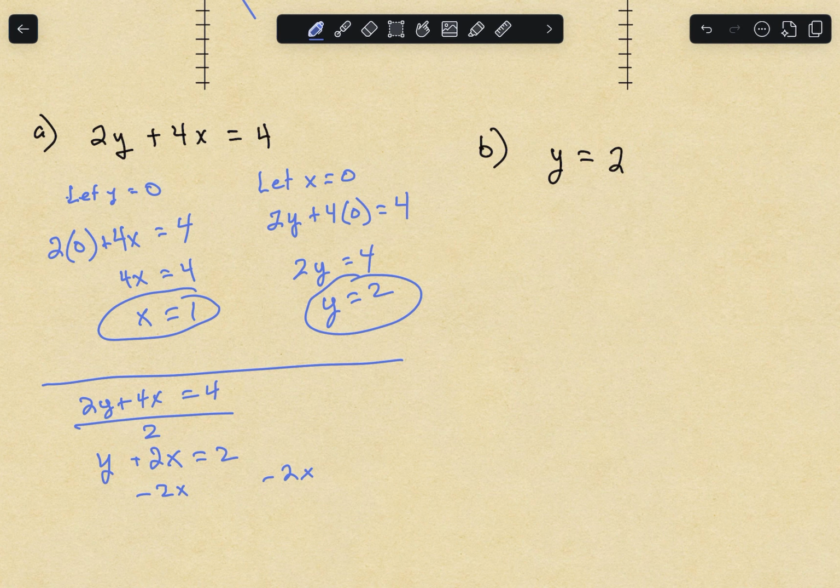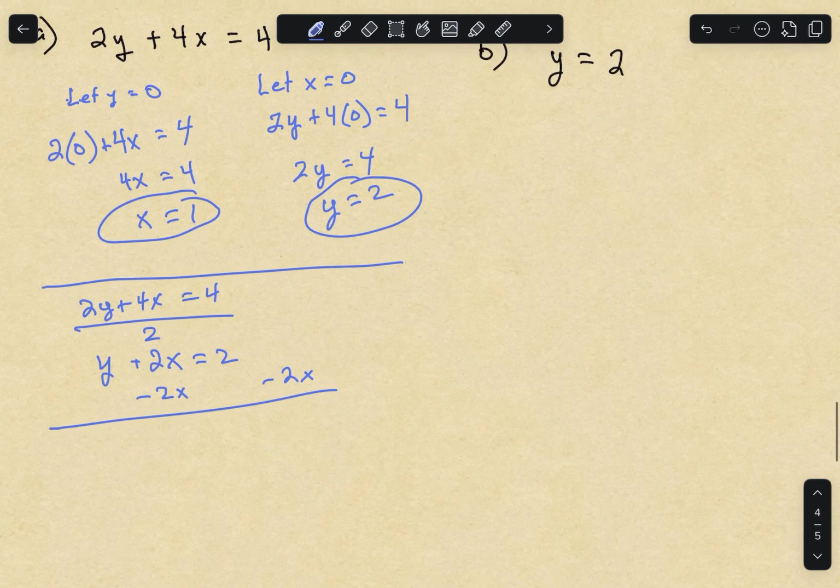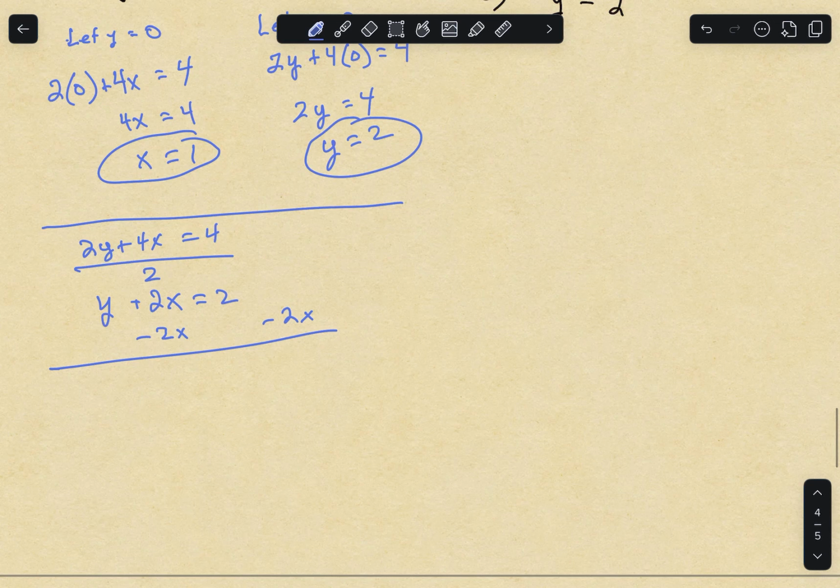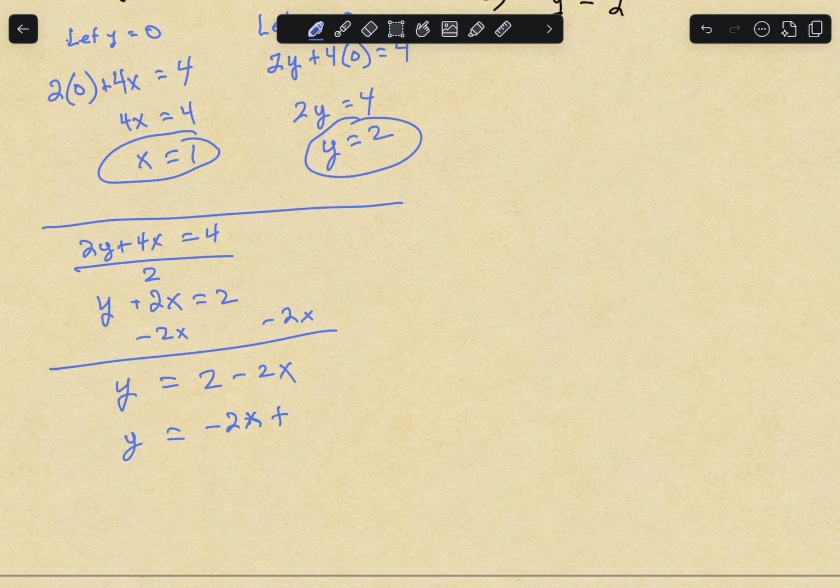I'm going to switch them around because I'm going to write it in the y-intercept form. y equals 2 minus 2x. And then we'll rewrite it as y equals negative 2x plus 2. I just flip the positive. Make sure you bring that negative around with you.